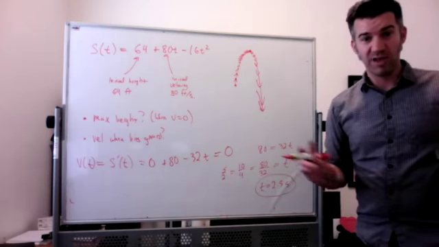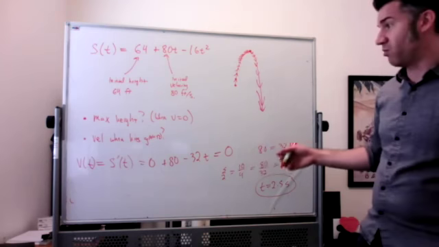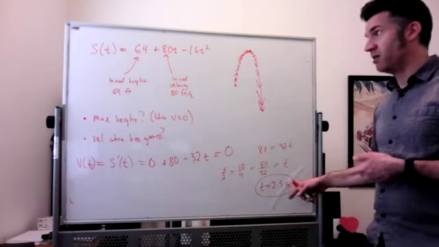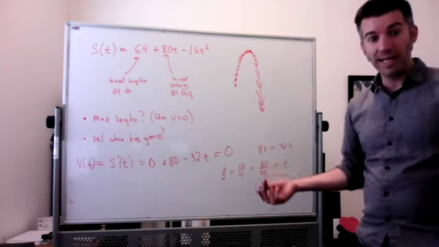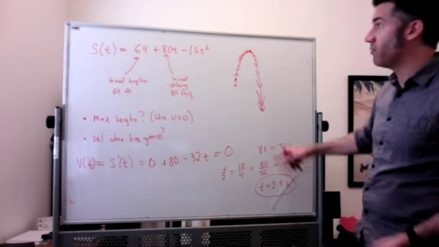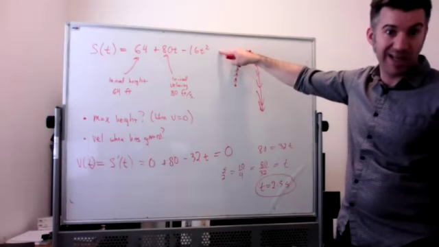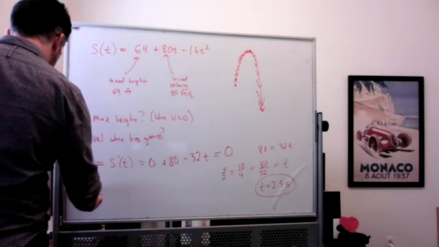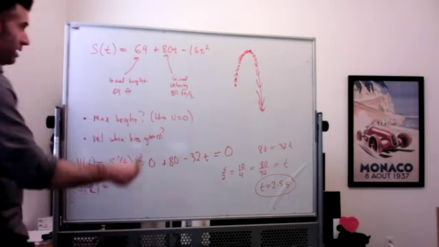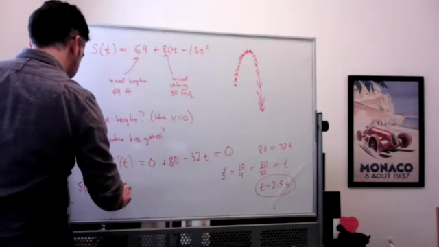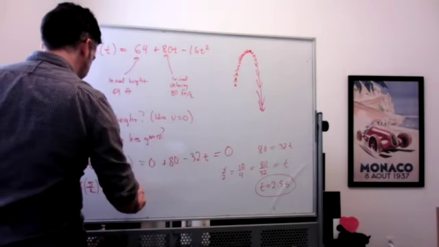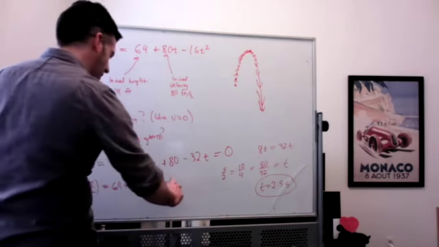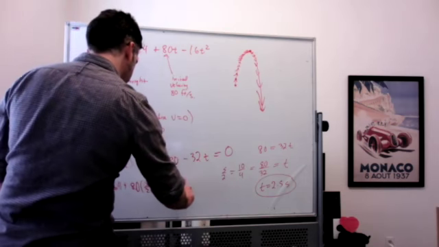Now notice, we haven't answered the question yet. The question was, what is the maximum height? Not when does it happen. We need to define when it happens so that we can figure out what it is. But to figure out what it is, we have to substitute this time back into the position equation to tell us the height. So we're going to plug in 5 halves and say that S of 5 halves is equal to 64 plus 80 times 5 halves minus 16 times 5 halves squared, which is 25 fourths.